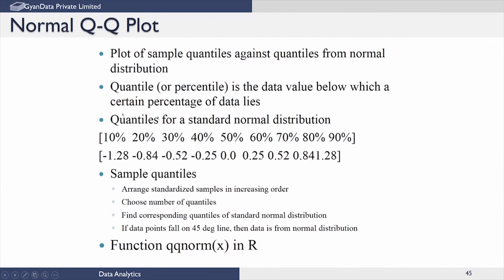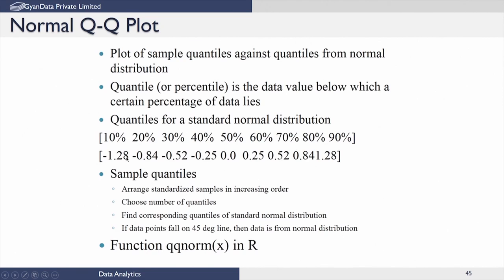Just to recap, what do we mean by a quantile? It is a percentile data value below which a certain percentage of data lies. For example, given a data set, what is the value below which 10% of the data lies? Maybe minus 1.28 here, which means 10% of the samples lie below minus 1.28, 20% of the samples lie below minus 0.84, and so on and so forth. We have computed this.